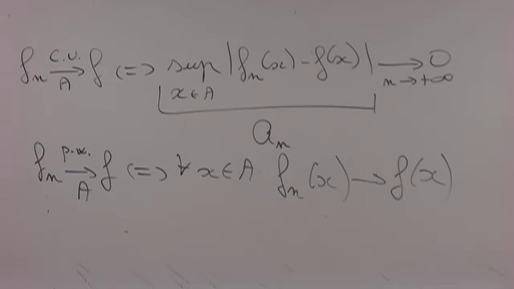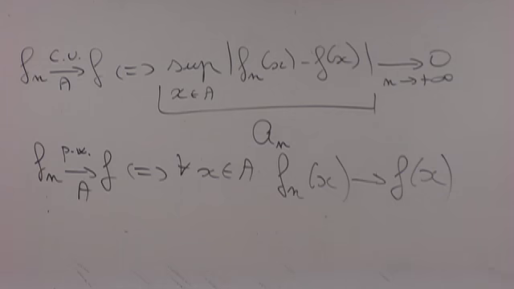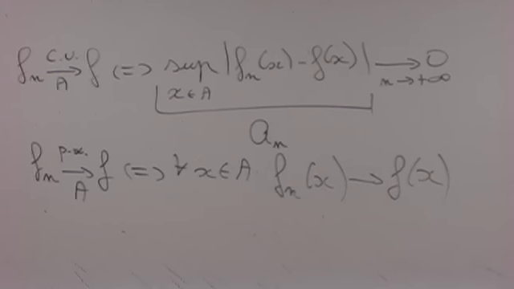Okay, so maybe we should do an example. Let's look at Fn(x) equal to exponential of minus nx, and let's look at the set A between 0 and 1.